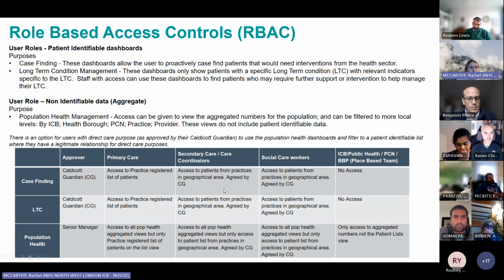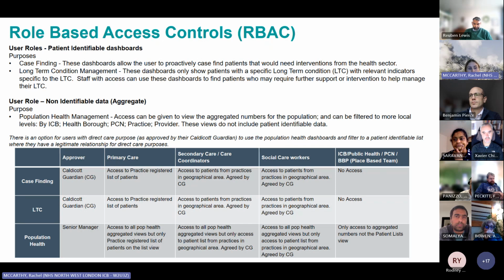From secondary care, they may be requesting access to more than just one practice. It might be for multiple practices within the geographical area. As an example, it might be access to all the practices in Brent, or 3 or 4 practices in Brent, but more than just the one practice. And the Caldicott guardian for their organisation would have to provide the approval for that.